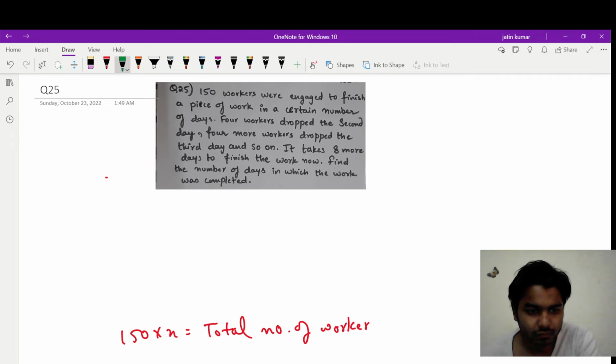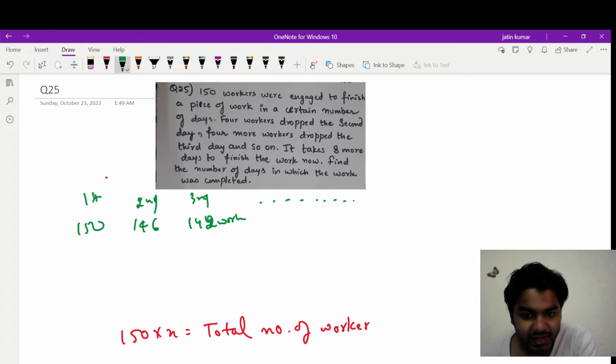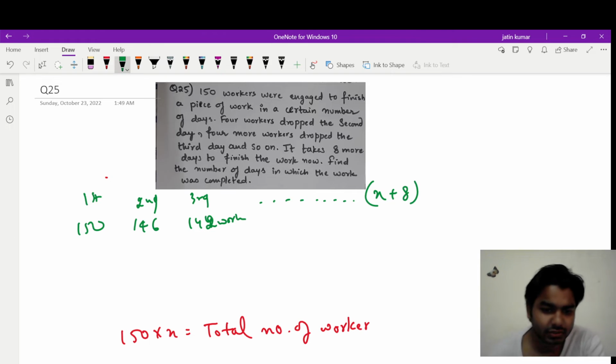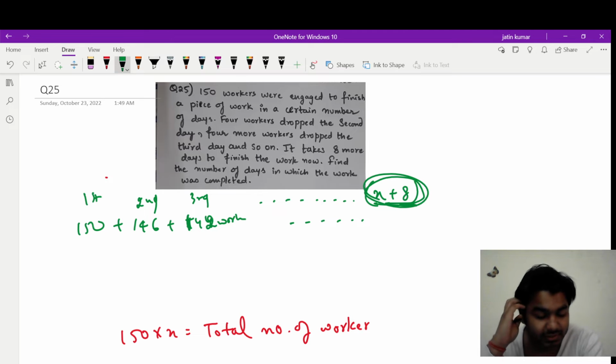So first day 150 workers will come, second day 146 workers will come, third day 142 workers will come. Now it is taking x plus 8 days to finish the work, 8 more days. So on the last day also some workers would have come, so we have to add all of these to get the total number of workers.